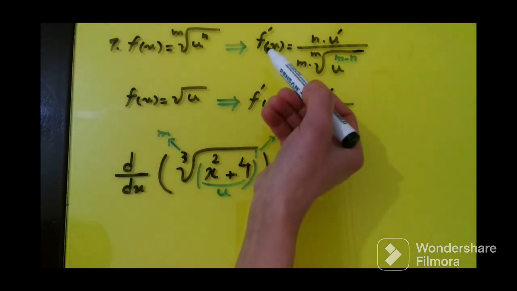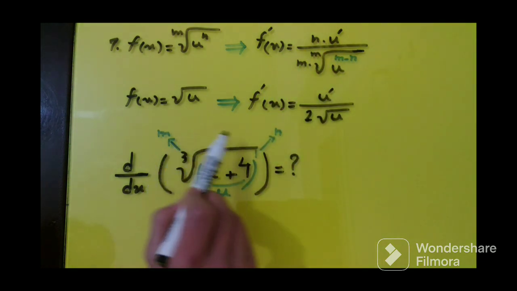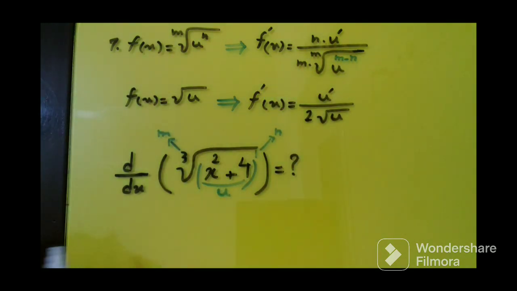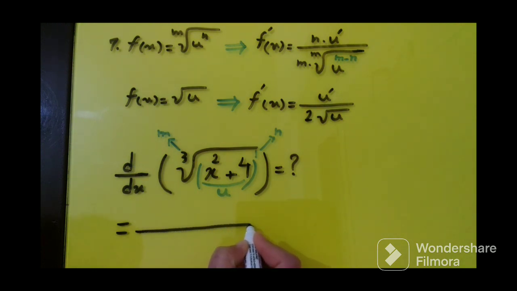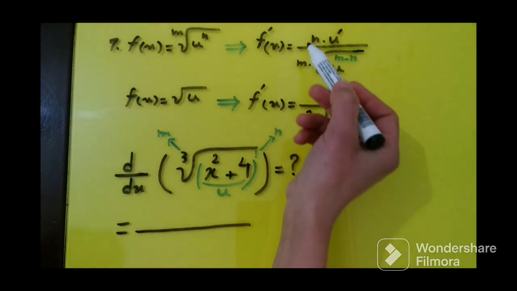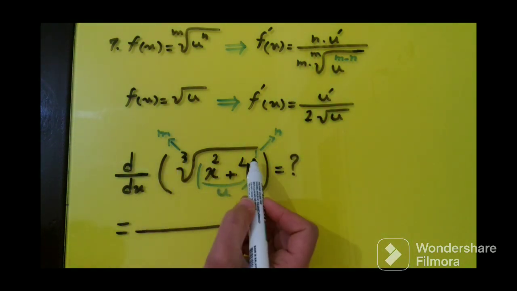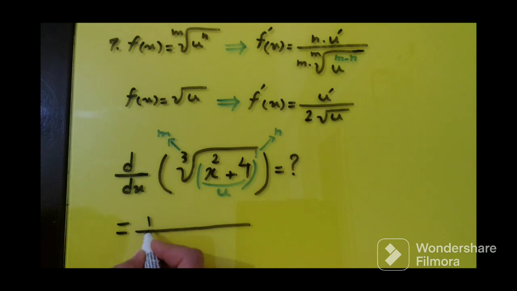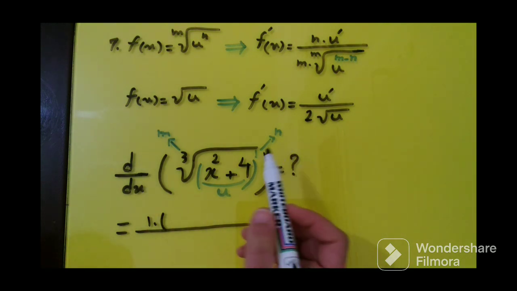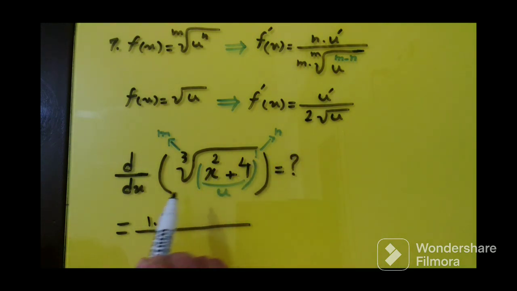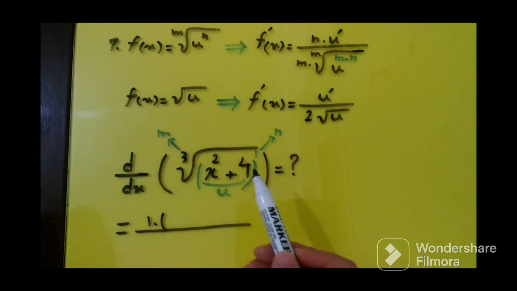So according to this rule, because this function is like this function, you should write n, 1, times u prime.